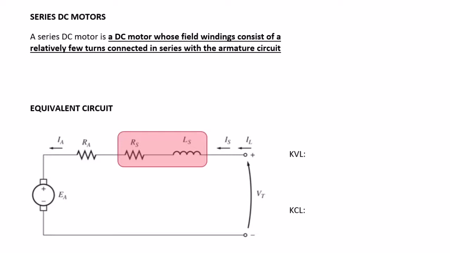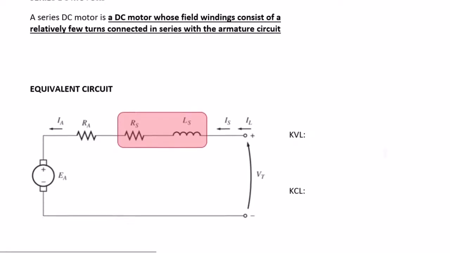A series DC motor is a DC motor whose field windings consist of a relatively few turns connected in series with the armature circuit. Or we can simply say that a series DC motor is a DC motor whose field windings are connected in series with the armature circuit, which can be seen from the equivalent circuit diagram below here.